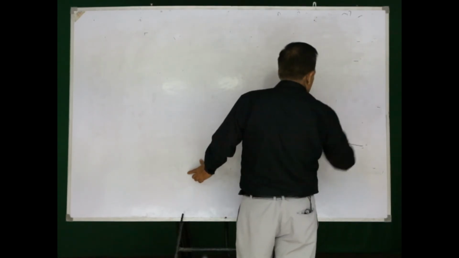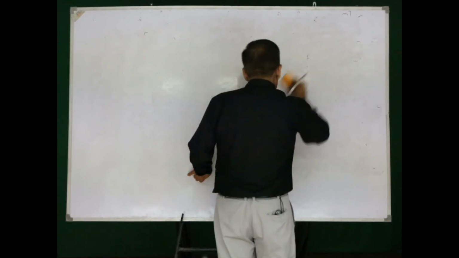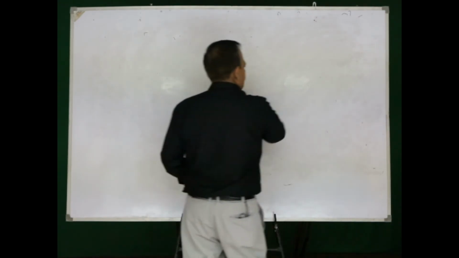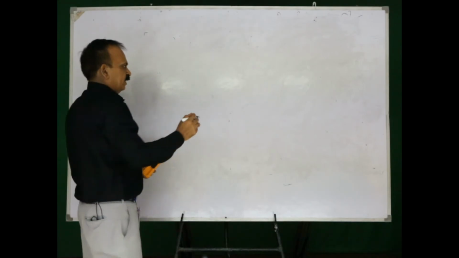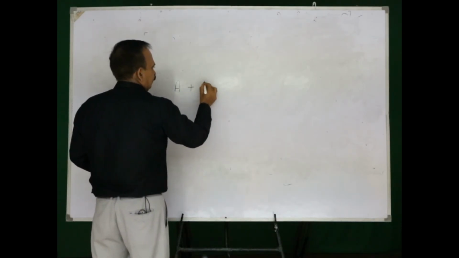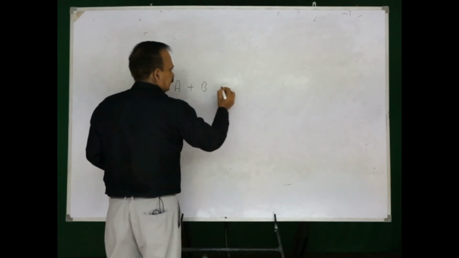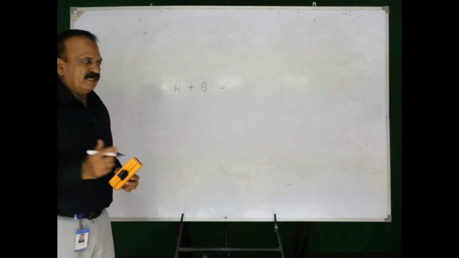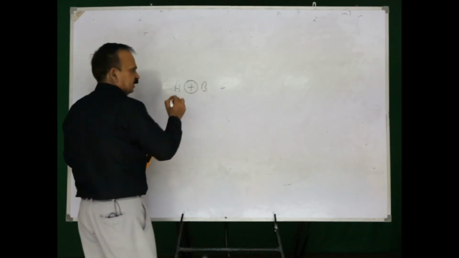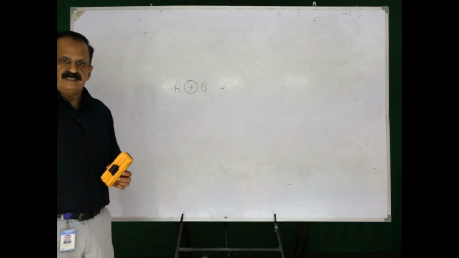Now this XOR gate represents addition in which the carry is omitted after addition. Now here the important point is XOR gate, A plus B, this result will be mod 2 addition. This is indicated as addition of XOR gate.